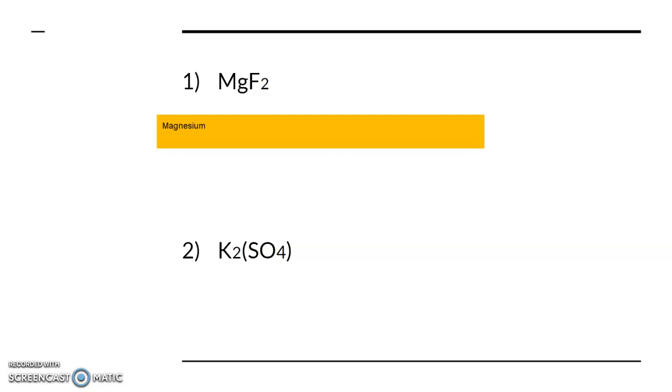Sorry, INE is the original ending of fluorine, but we're going to replace it with IDE. So we're going to have fluoride. Okay, so magnesium fluoride, that is the name of this ionic compound. Okay, and that is easy peasy lemon squeezy. So magnesium fluoride is the name of that compound.